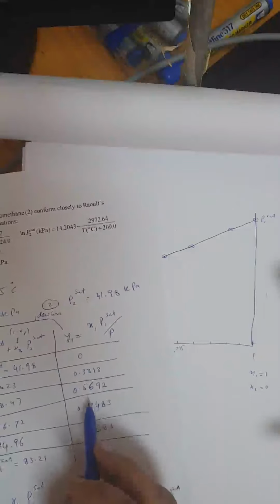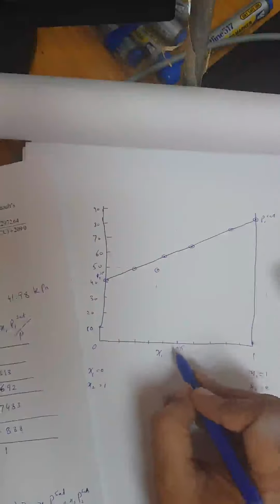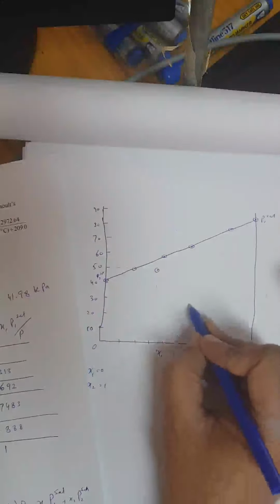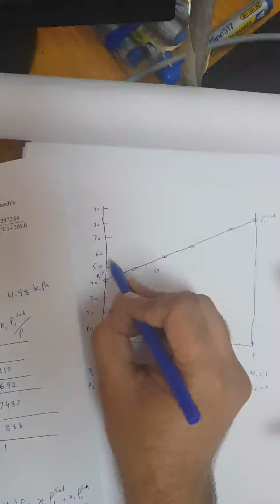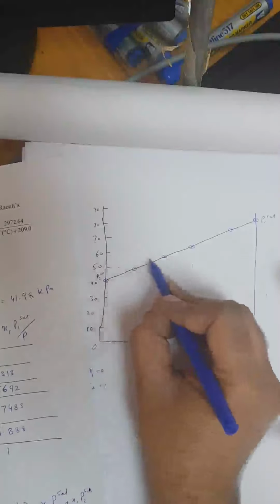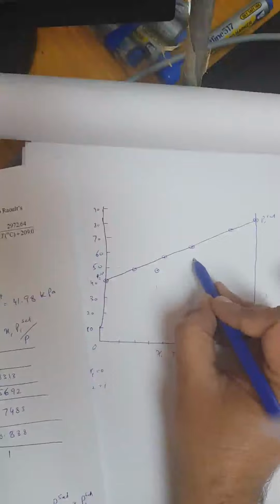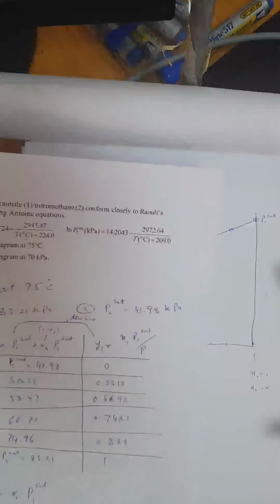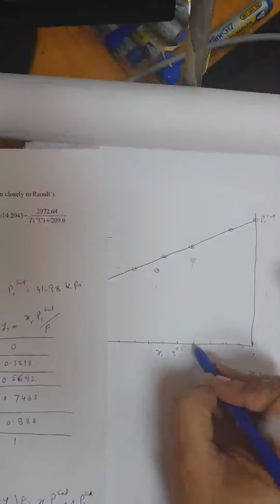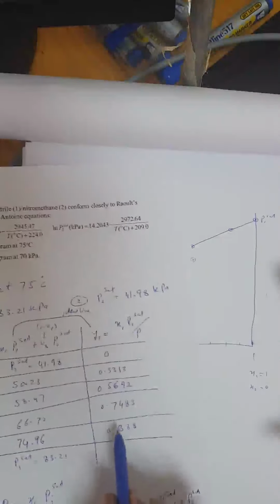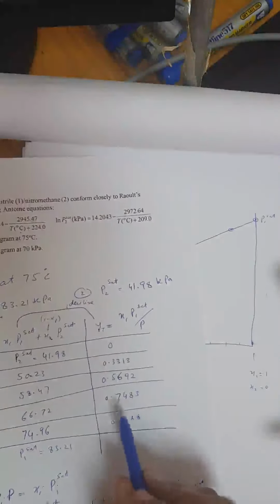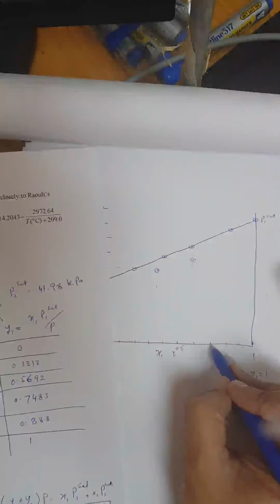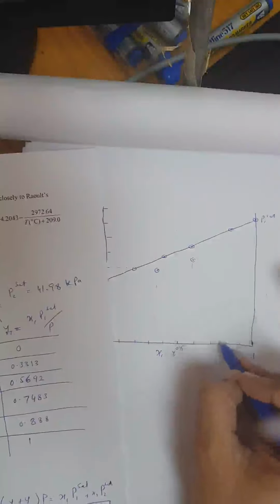Then we have 0.56, 58. So 0.5, 0.56. We have 58. Point 6, 67. So sorry, 0.74 or 0.75 you can say, 66.